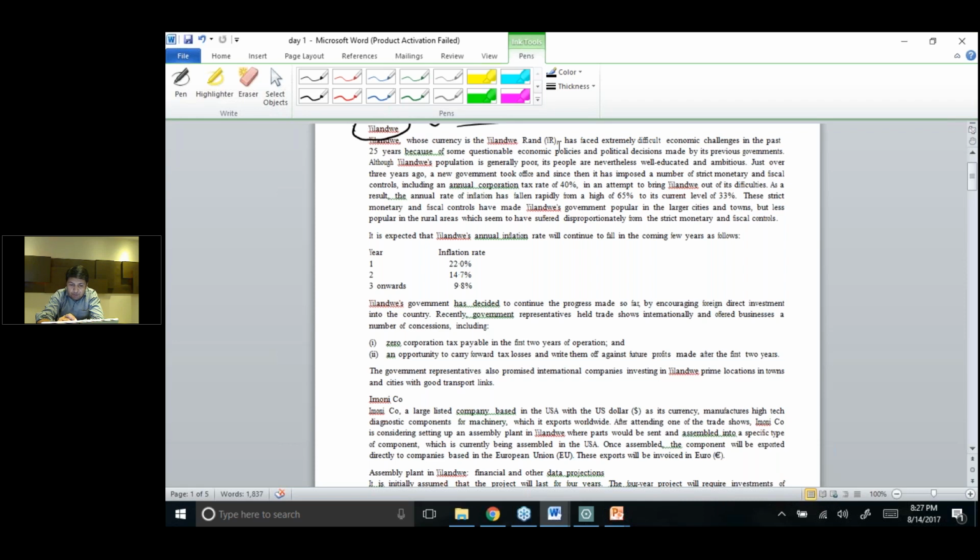Its copper tax is 40%, and it has attempted to bring its inflation down from 65% to 33%. The government is popular in the larger cities, but less popular in the rural areas. So inflation in year 1 is 22%, 14.7%, 9.8% onwards.